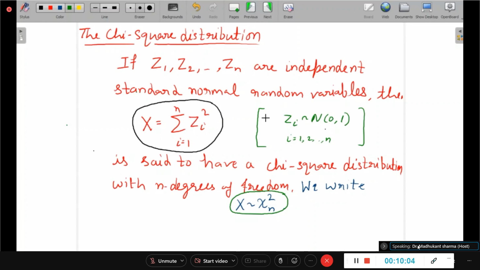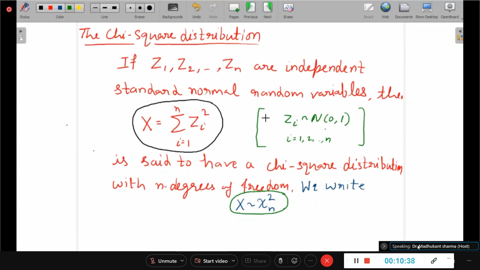Here I'm going to deal mostly with the theoretical aspects: how it behaves as n increases, what its properties are, and how to look at the chi-square table. There is a table associated with this, and how to identify a point is similar to what we have done for the normal table. Those things we try to address here.